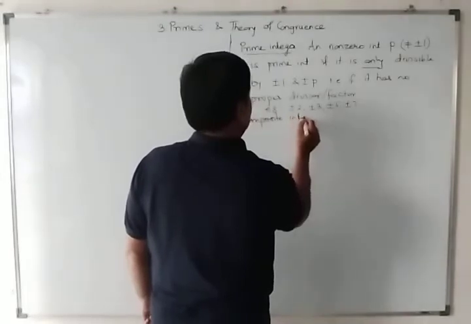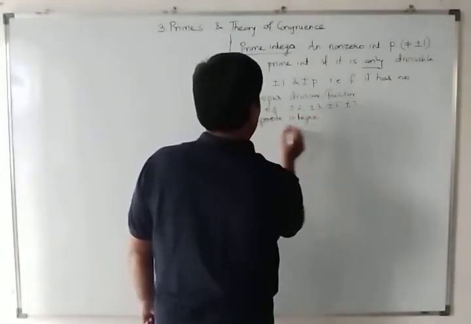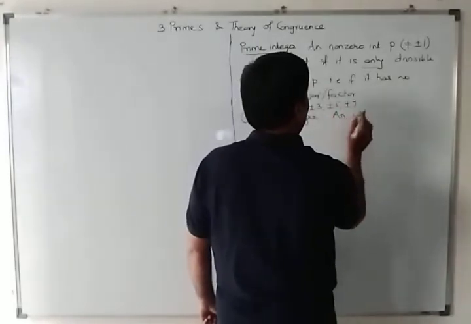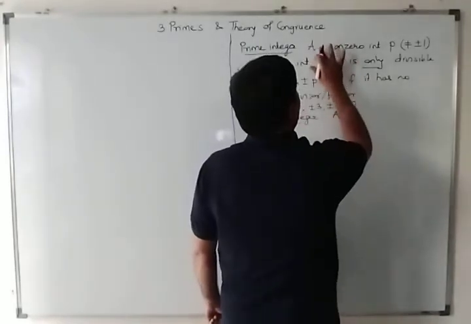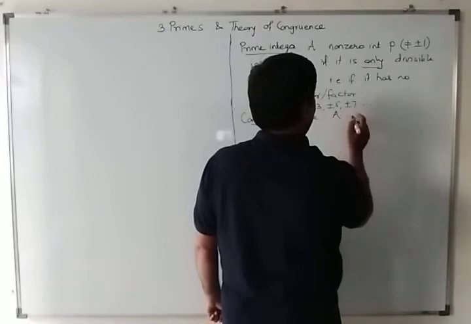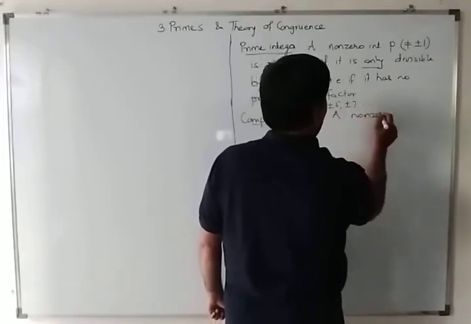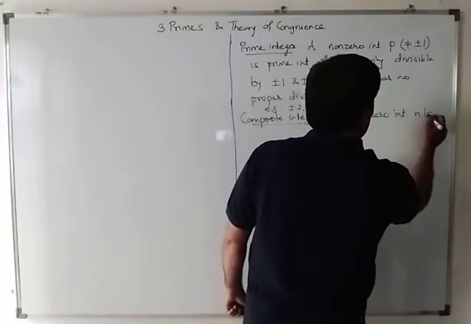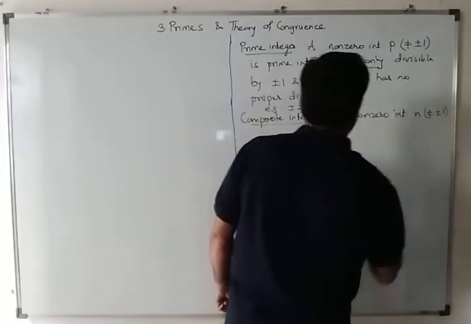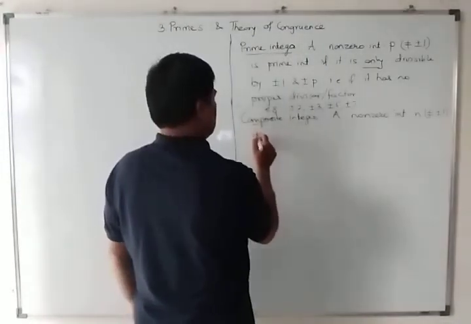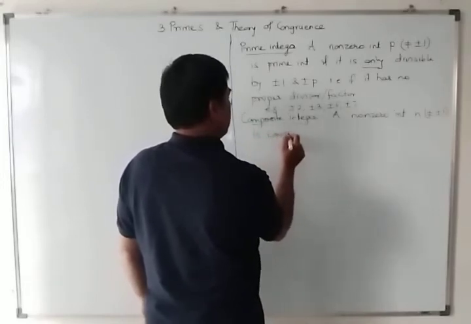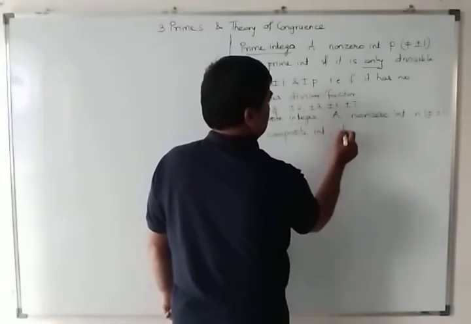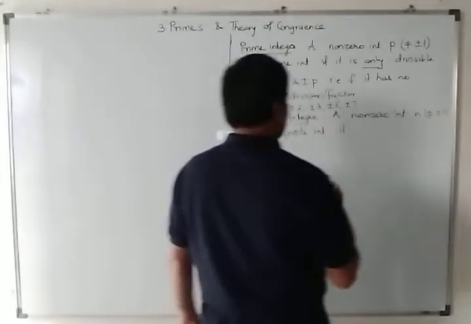Then composite integer. A non-zero integer n not equal to plus minus 1 is a composite integer if it has a proper factor.